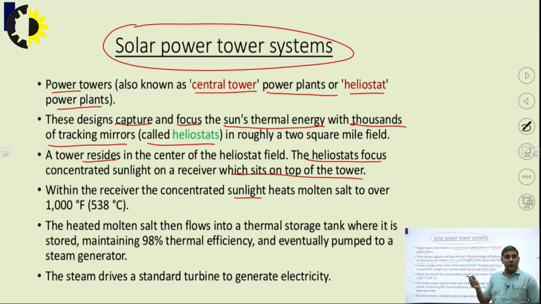This temperature is much higher as compared to the normal boiling temperature of water, that is 100 degrees Celsius.